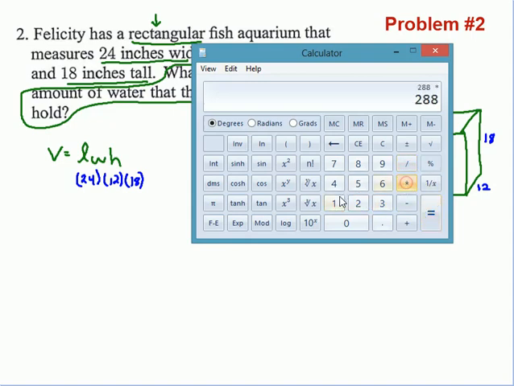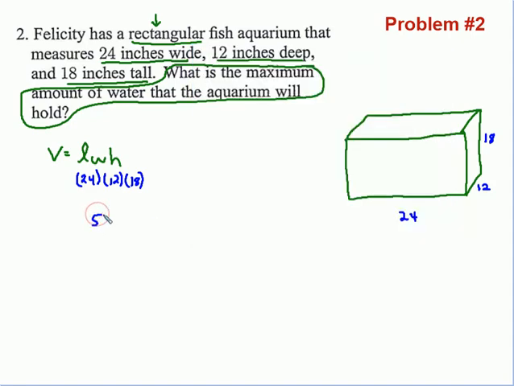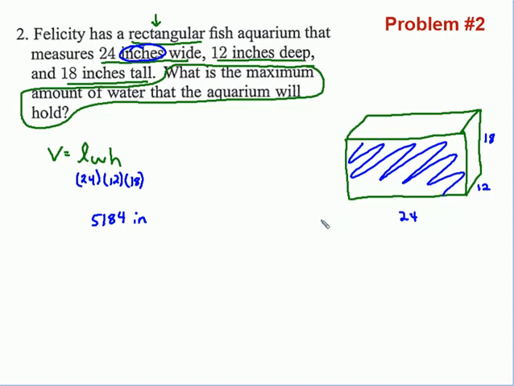And then we multiply that by 18. And that gives us 5,184. What? Well, this is in inches, right? We've got inches up here, so we'll make sure that this is in inches. But what kind of inches? Is it inches squared? No, that would be for area. That would give us the area of one of these sides. We want to know volume, so it's going to be inches cubed. And there you go.